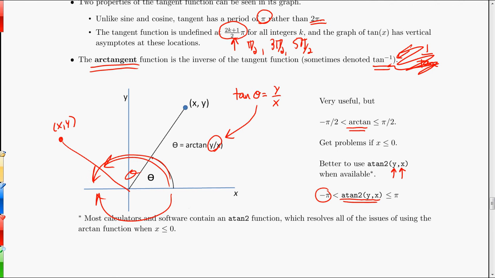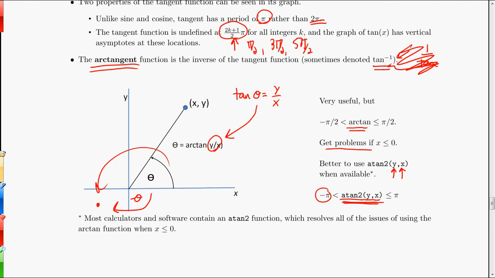So for example, if your point xy is down here in the third quadrant, the atan2 function will return a negative angle. But you can add 2 pi to that and get the positive angle if that's what you want. It'll always hit it. You don't have to worry about doing your own transformations when the value of x is less than or equal to 0.